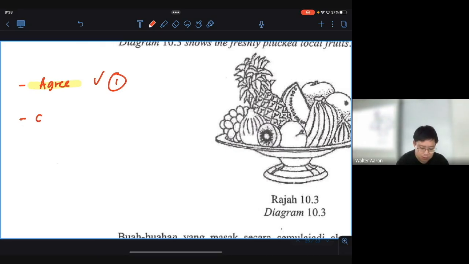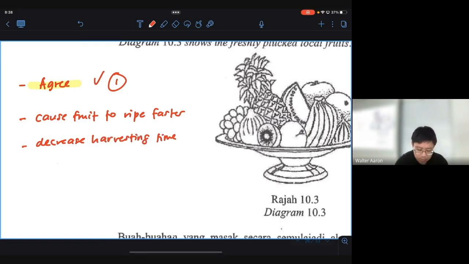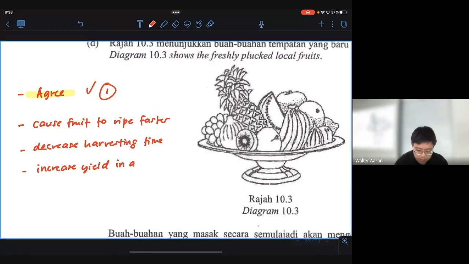So you can say here, cause fruit to ripen faster, decrease harvesting time, increase yields in a shorter period of time.